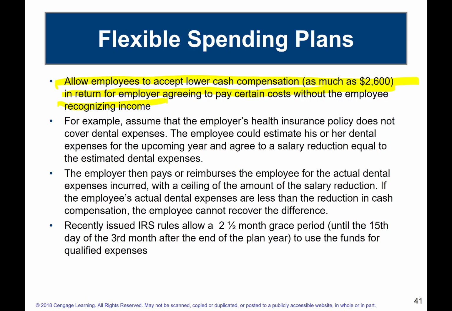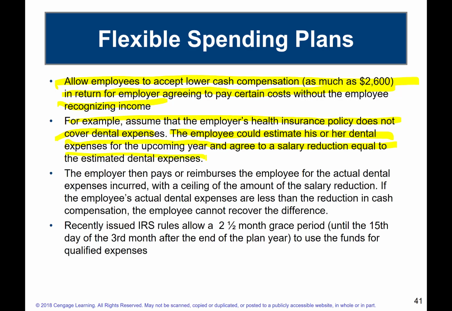So you're taking lower pay and you're hedging that the employer will pay something when you get sick, and you avoid having to pay the tax first and then reach into your bank account and pay for that non-covered item. Okay, so for example, assume the employer's health insurance policy does not cover dental expenses. The employee could estimate his or her dental expenses for the upcoming year and agree to a salary reduction equal to the estimated dental expenses.